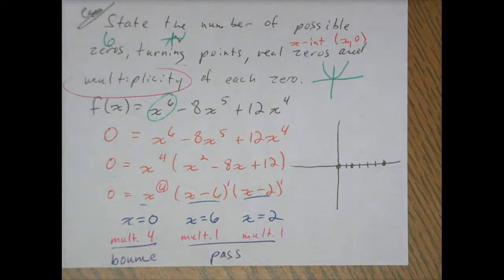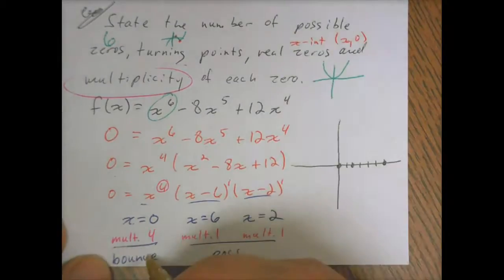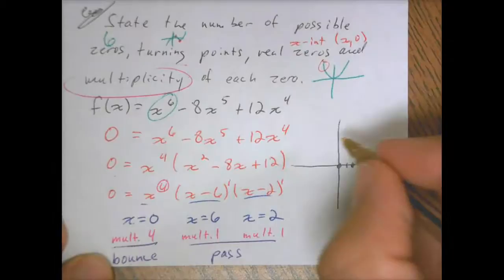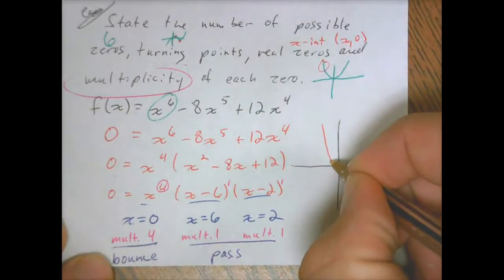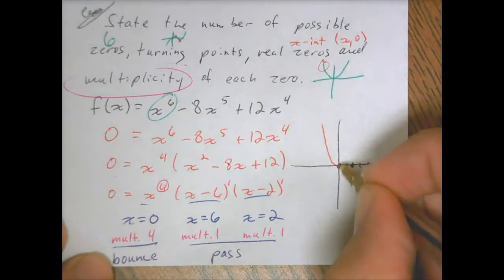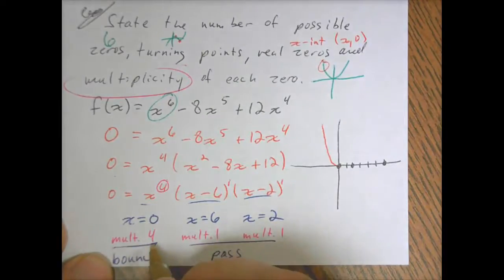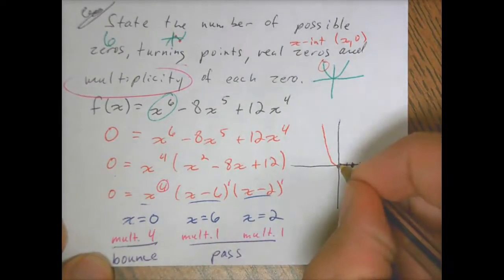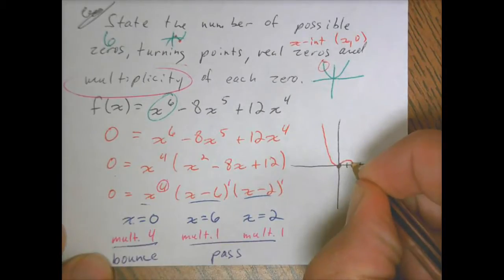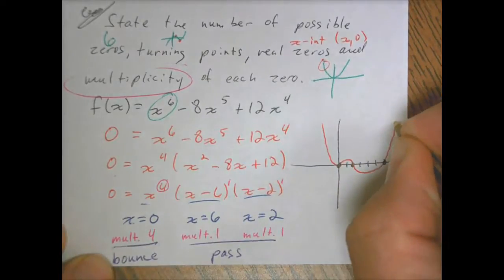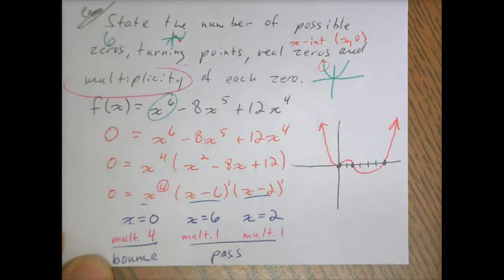Bounce, pass. All you basketball kids out there. So I start from up here, and I will bounce off of this 0 because that has a multiplicity of 4. 6 and 2 both have a multiplicity of 1, so I will pass through both of those. And that should be pretty close to what we have.